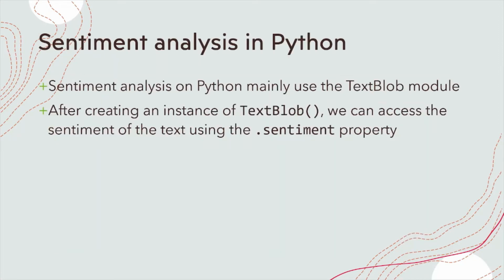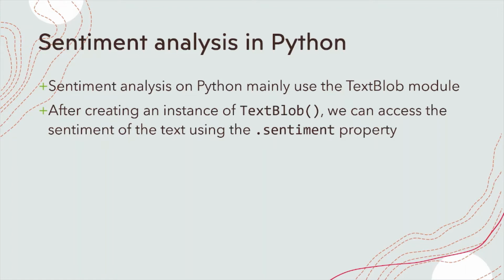For sentiment analysis in Python, we will be mainly using the TextBlob module. I provide the link to the documentation for that module in the description box. What we're going to do later is create an instance of TextBlob, and then access the sentiment property to find out the sentiment of the text.